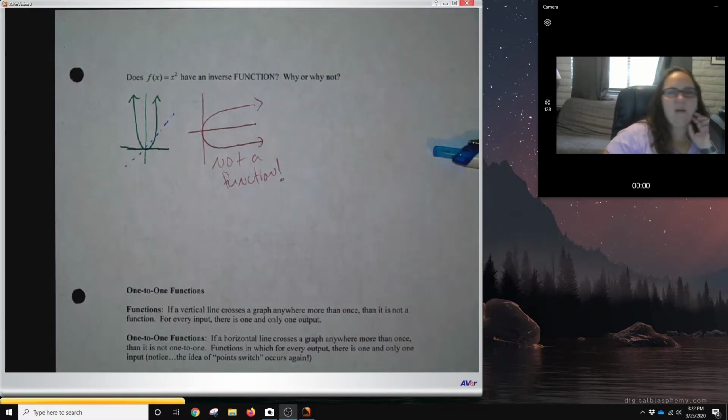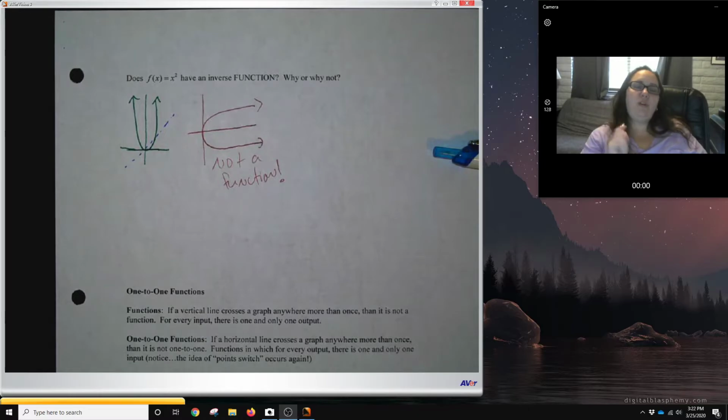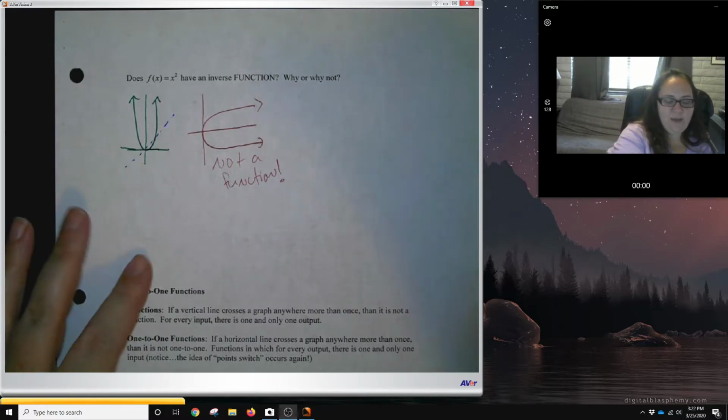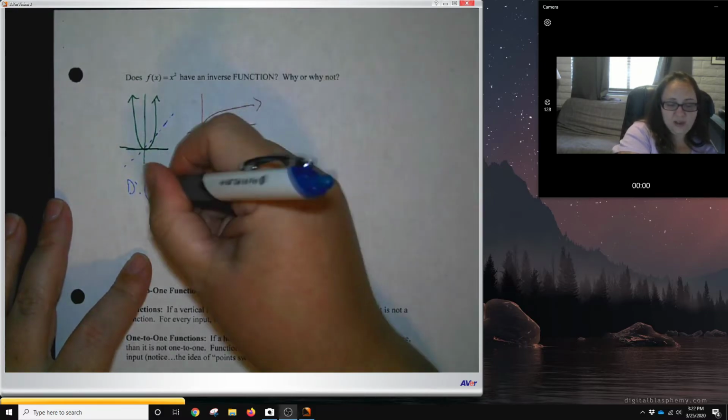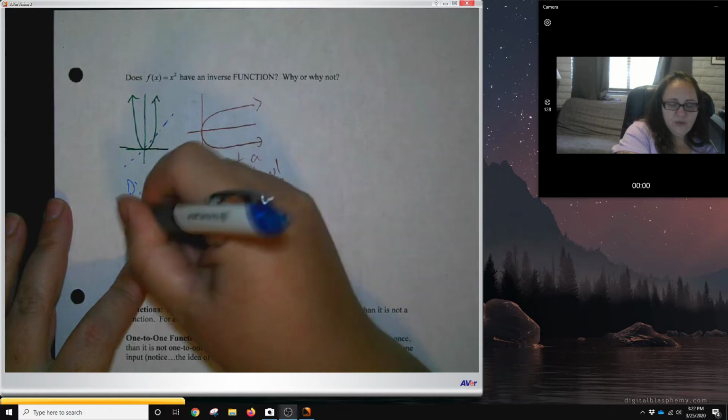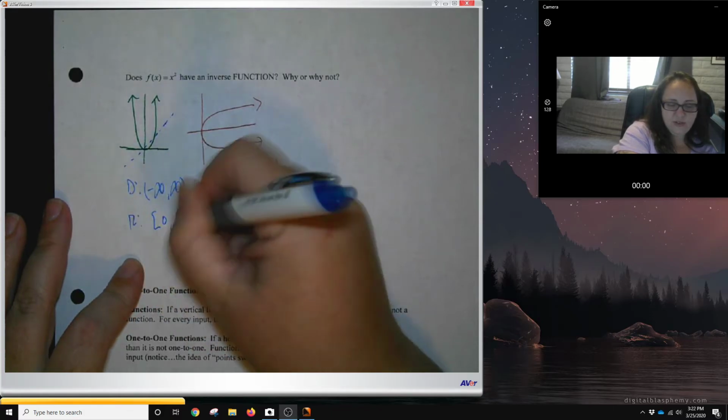So I know that our instinct is to say that the square root is the inverse of x squared, and it is most of the time. Square root and squared are not inverses when we think about negative numbers, because like we said before, the domain of one is the range of the other. And if we think about the domain of a quadratic, it is all real numbers, and the range is 0 to infinity.